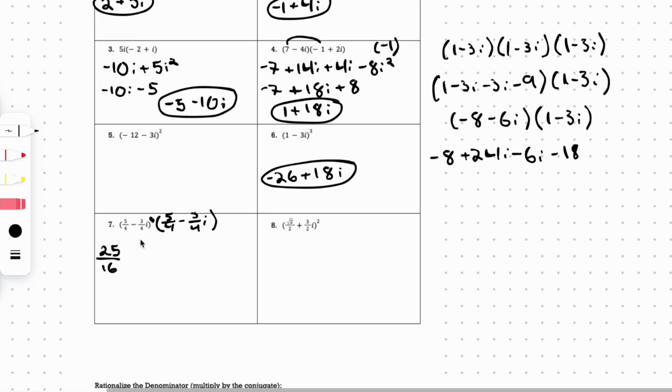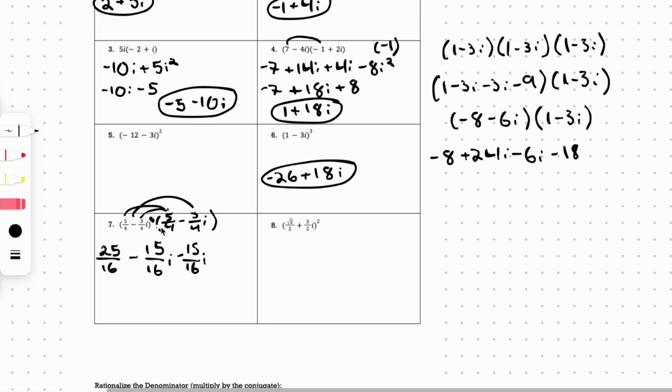Now we do negative 3/4 i times 5/4. So that's going to be minus 3 times 5 is 15, 4 times 4 is 16, i. We're going to do this exact same thing here. We know that's going to give us the same value.